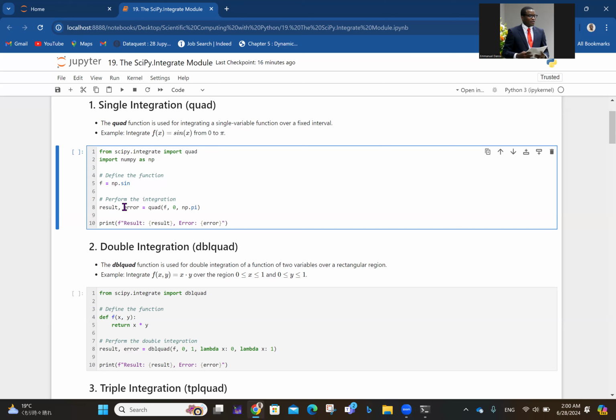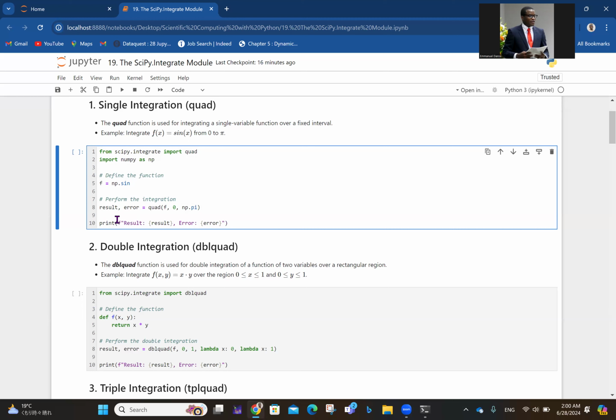Then in line 8, you're actually performing the integration, and that will give you the result of the integration and the error. Of course, the sine curve goes all the way as long as you want it to go, maybe from minus infinity to infinity, but here we just want to take the part from 0 to pi. So there is some portion that will be error, and that's exactly what's happening in line 8.